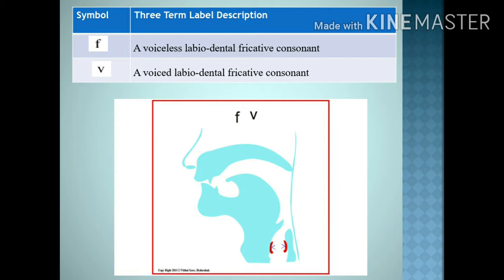So dear students, one thing you need to remember: when I am trying to pronounce these sounds, you need to pronounce them as they are suggested in the description of the sound. In Marathi or Hindi, when you produce the f sound, that is totally a labial sound.